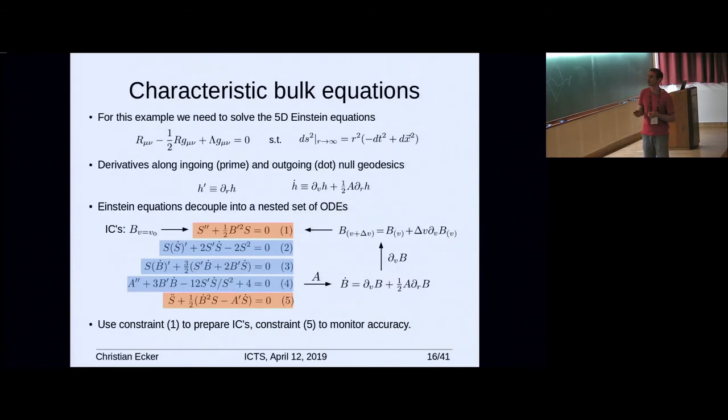And at this step, you can express this function A, and from the definition of the dot derivative, B dot, and this you can then rewrite into the time derivative of this B field. And if you have the time derivative of this B field, you can do the time step.